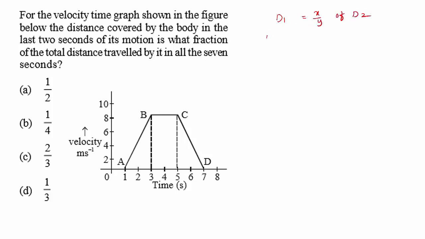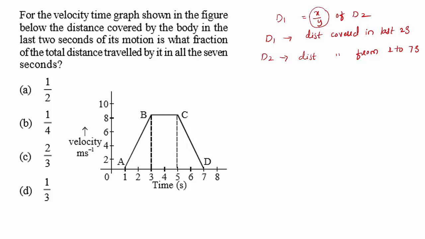D1 is distance covered in last 2 seconds. And D2 is distance covered from 1 to 7 seconds. Right? So here x by y, this fraction we have to calculate.